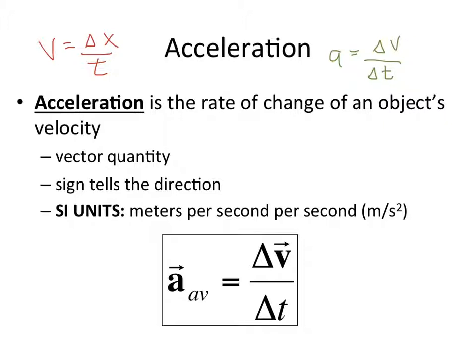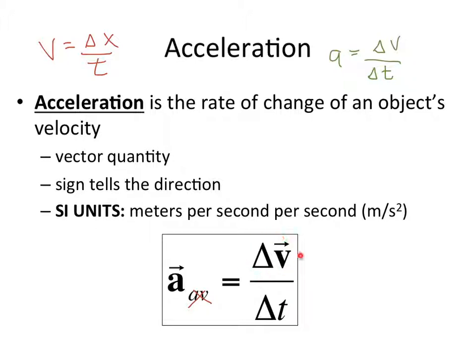And that's what our equation down at the bottom says right here. Our average acceleration, and we're really only going to be dealing with constant accelerations this chapter, so you don't even really need to worry about a non-average acceleration. An average acceleration is a change in velocity over change in time.